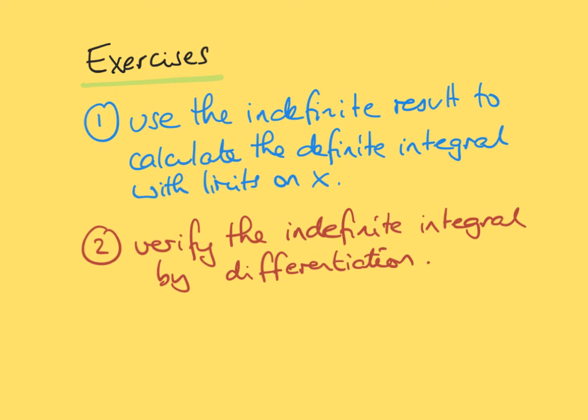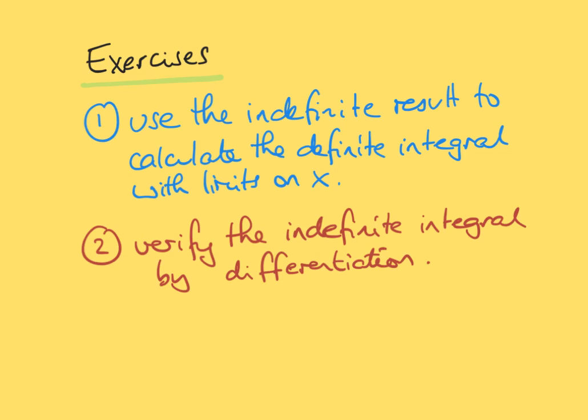And secondly, verify our result for the indefinite integral by differentiating it and showing that you regain the initial integrand, in other words the square root of 1 minus x squared. The more you differentiate results for integrals, the better you will become at differentiation and at algebra. And for this second exercise, I will put the solution on the next slide, but very much suggest that you try it before you look at that slide.